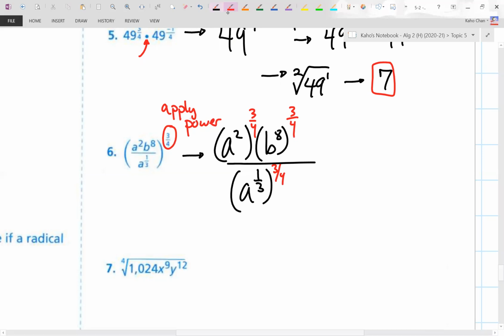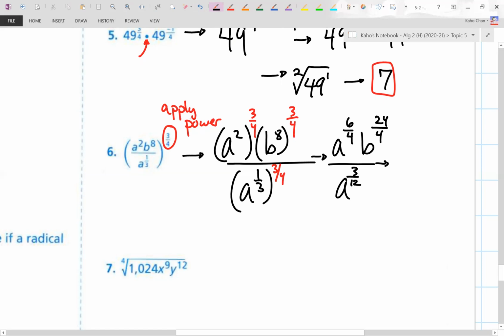Okay, let's clean that up. A squared to the 3/4 multiply, 6/4. B's power. B times 3/4 is 24/4. You can see where they can be reduced soon. A to the 1/3 times 3/4 is 3/12.